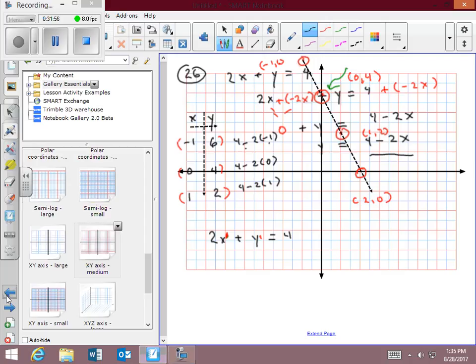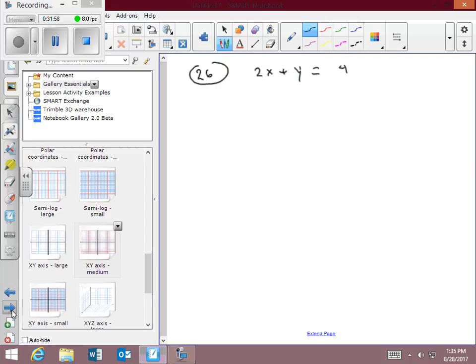Now, what's the other way that we could do this? Find the x-intercept and find the y-intercept, right? And then we'd only have 2 points. It'd be a little bit more risky in saying that we got the right line, but we could do it that way. So let's just do it.